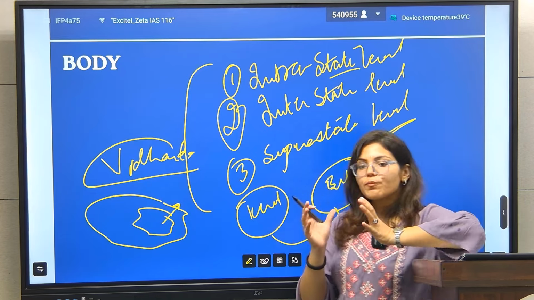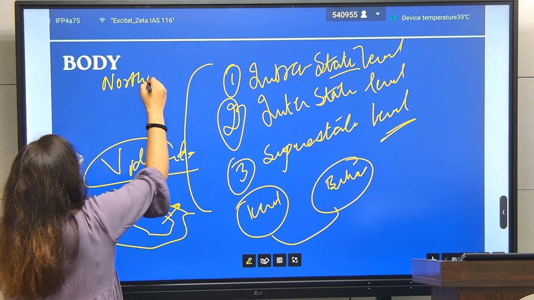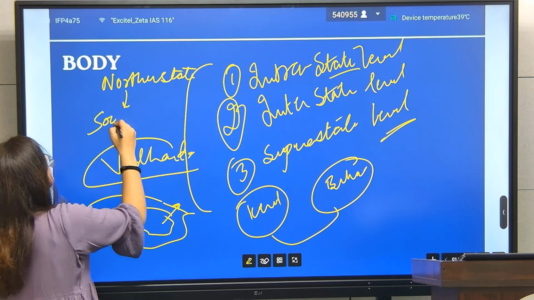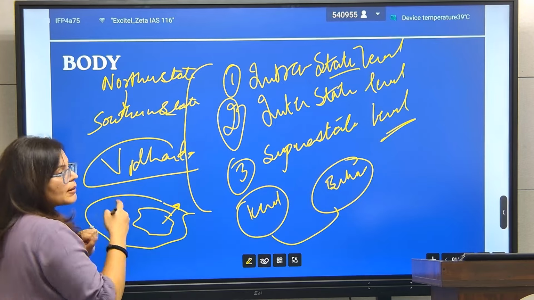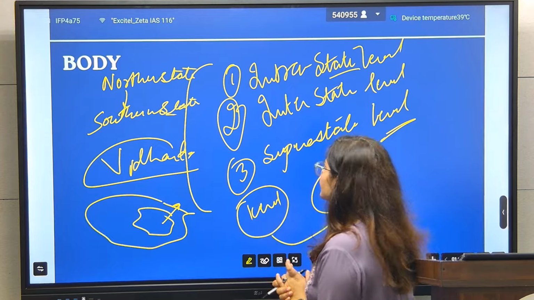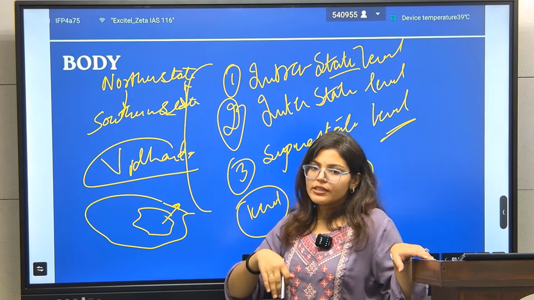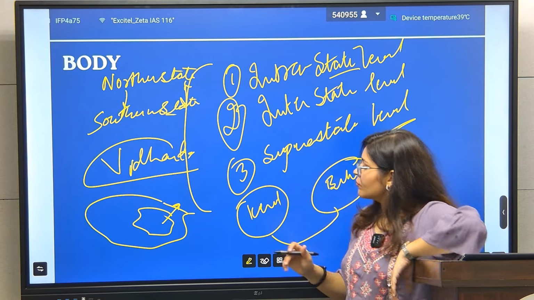Suprastate, a group of states. If you see the northern states compared to southern states, or I'll also give you the example of Maharashtra and northeastern states, a group of states. So if you see the comparison between groups of states, there exists a supra level disparity.